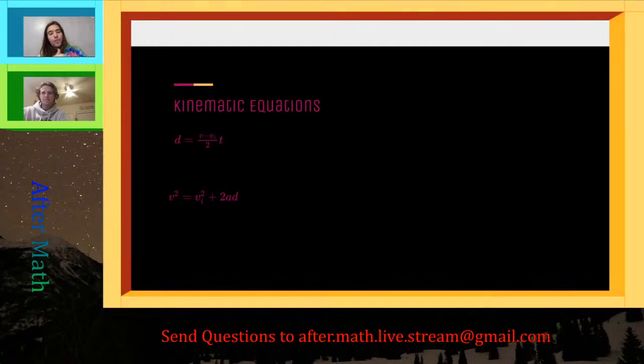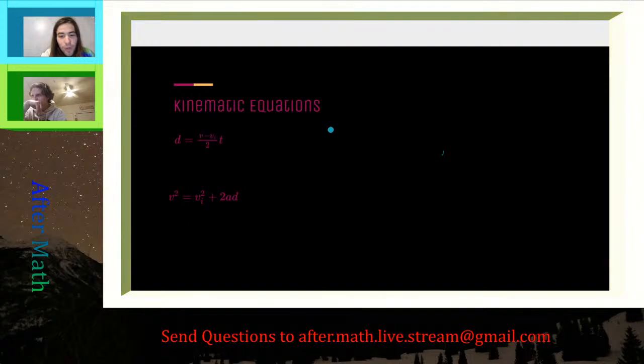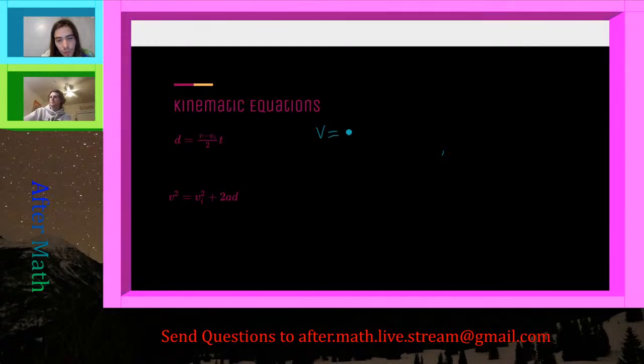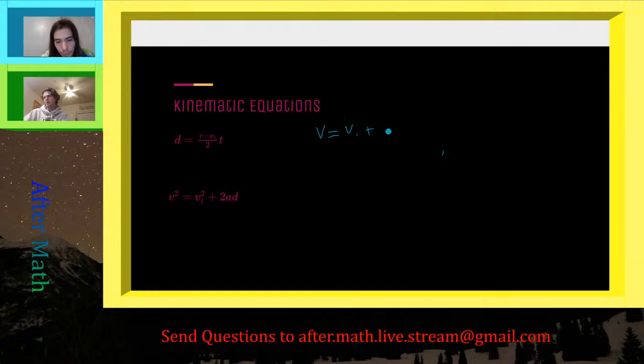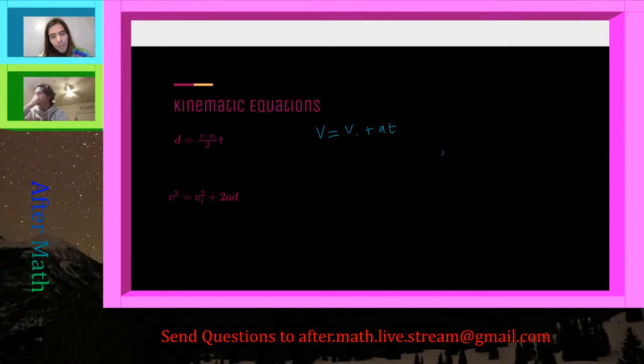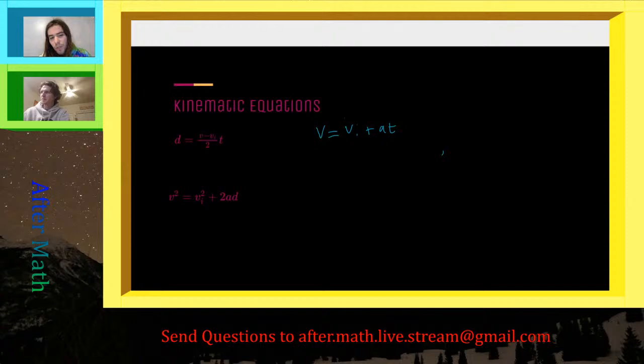So moving on to this next equation. What we're going to do is take that other equation, Jaden, where the velocity is equal to VI plus AT. We can use these different equations depending on which unknowns we know and what we don't know.